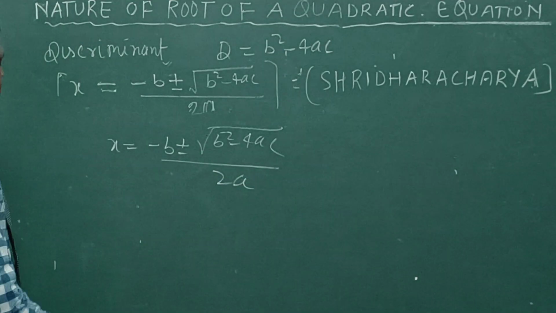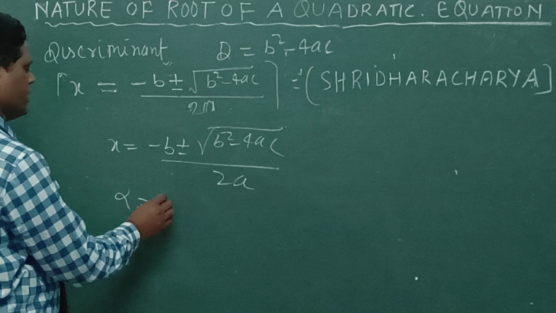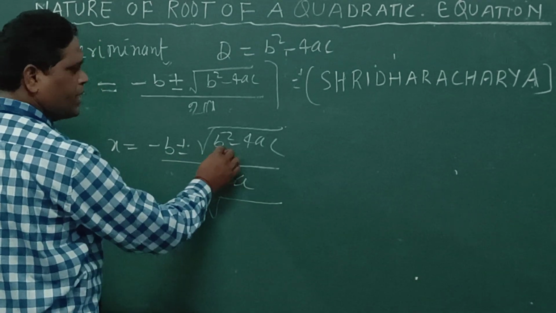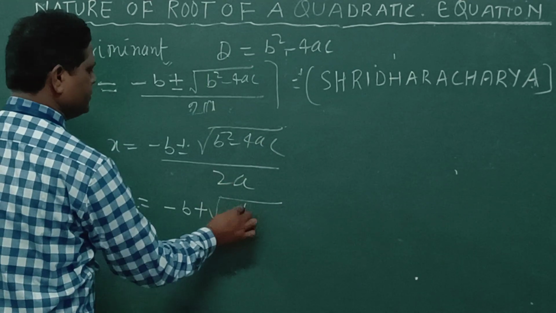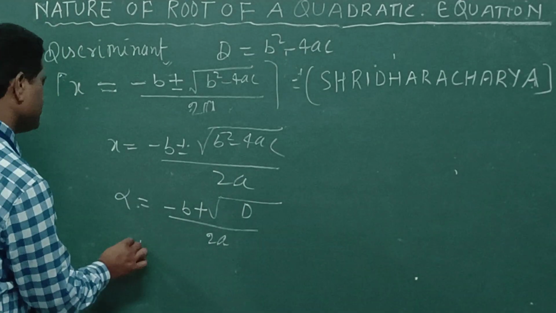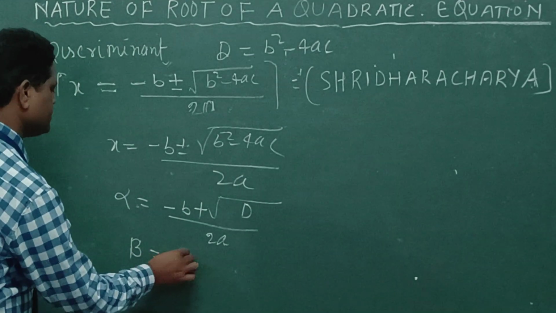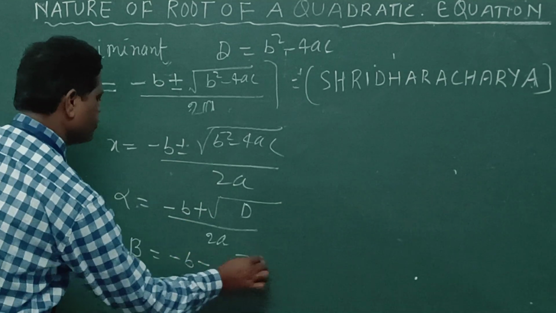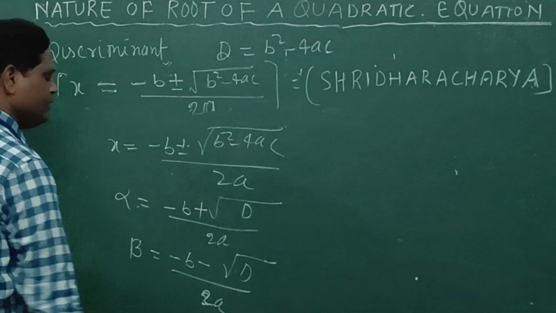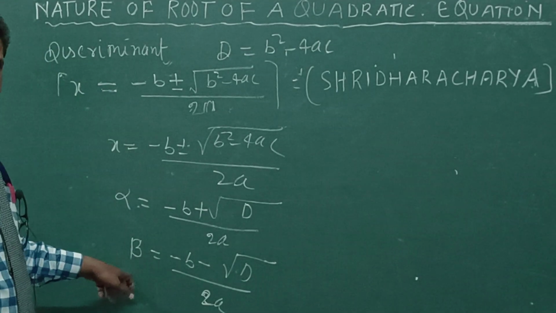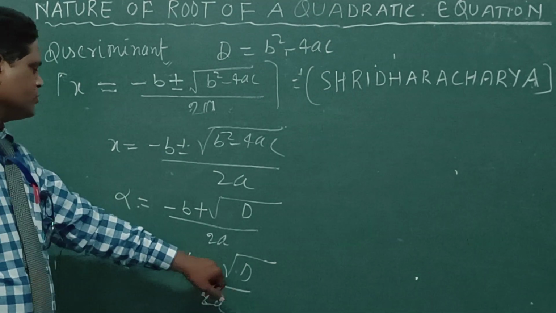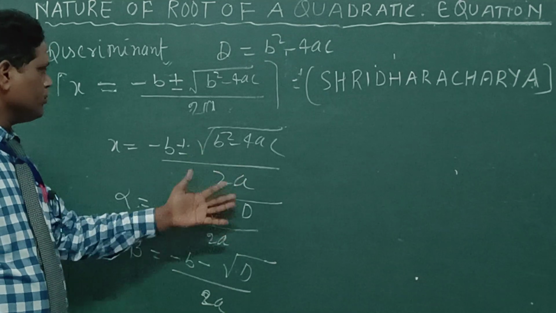We can also write alpha equal minus b plus root b square minus 4ac, that is D, by 2a, and beta equal minus b minus root D by 2a. Alpha and beta are Greek letters. We can solve this type of question.